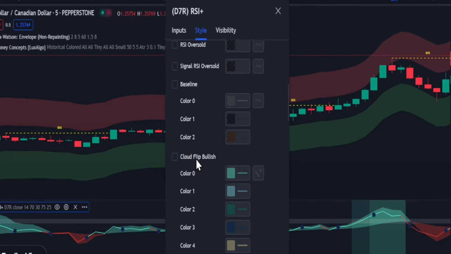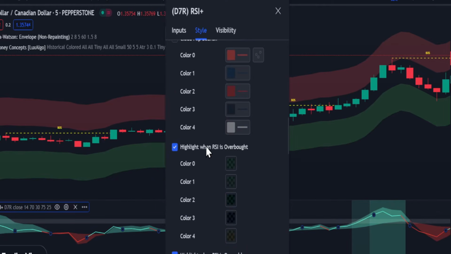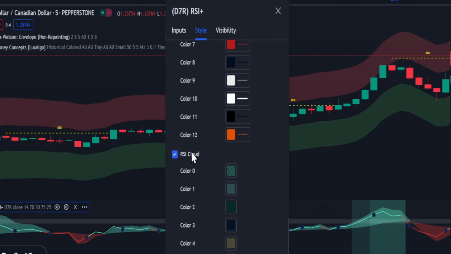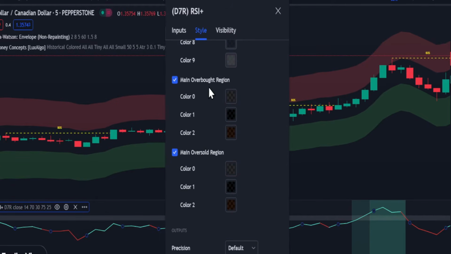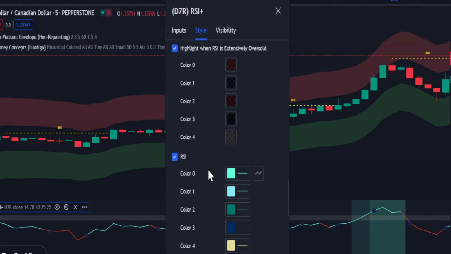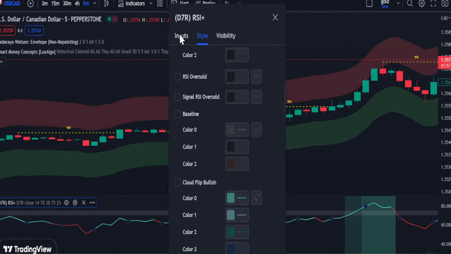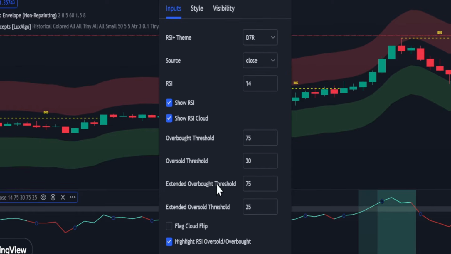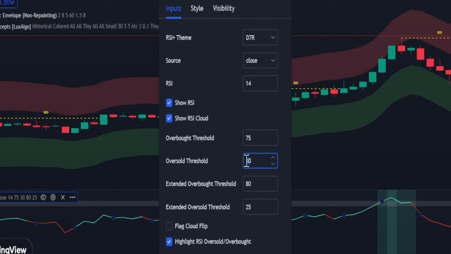Turn off all this clock-related stuff, and only leave this on. Go to Inputs, change the overbought to 75, change this extended to 80, and change the oversold threshold to 25 and this one to 20.